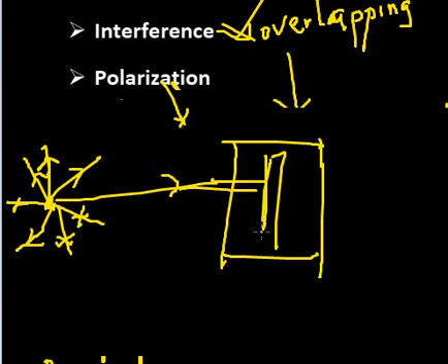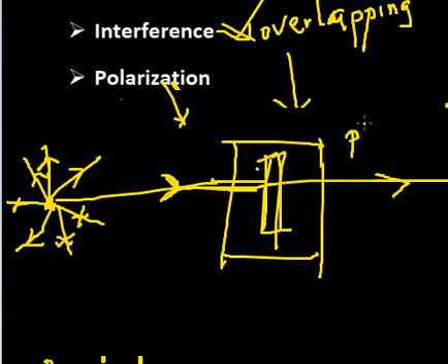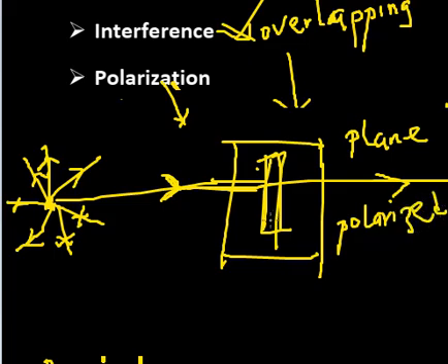So a polarizer is created in such a way that you only allow a ray that has one plane of vibration to pass through it. It cancels every other one, and allows one. The one that passes through it is said to be plane polarized because it is vibrating in just one plane that the polarizer allows.